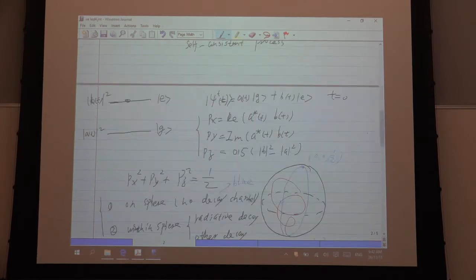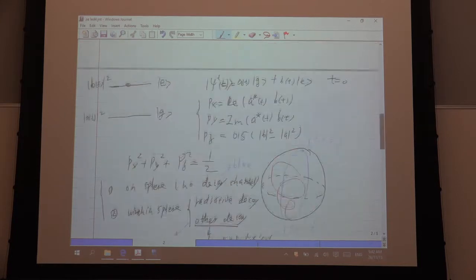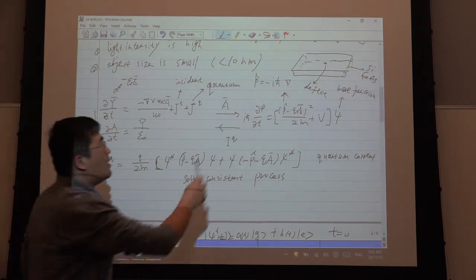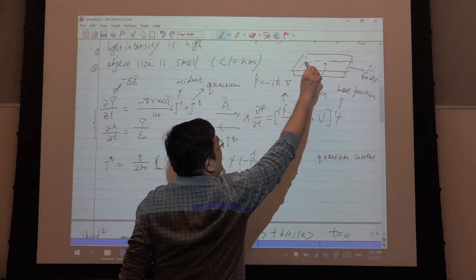If I introduce a defect into this very clean wafer, a small defect, this defect is isolated. I mean only one defect. You can introduce another defect, but they are isolated.